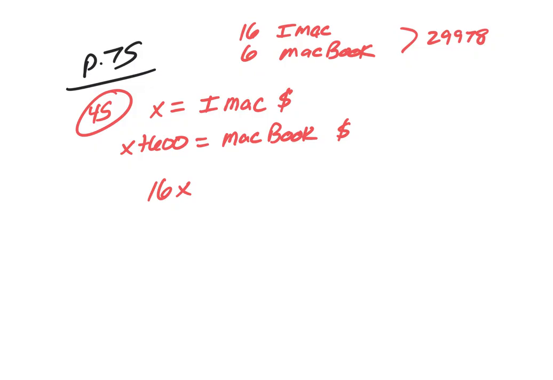It's just X. Okay, then we're going to do the same thing for the MacBooks. How many MacBooks did we buy? About 6 of them. And the cost would be X plus 600. And that equals the total amount of money that we spent.